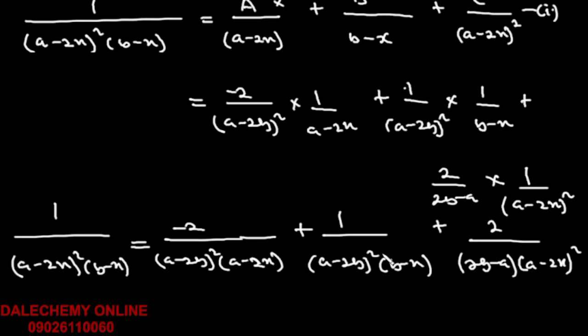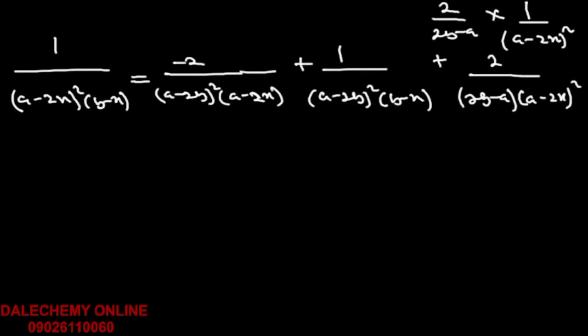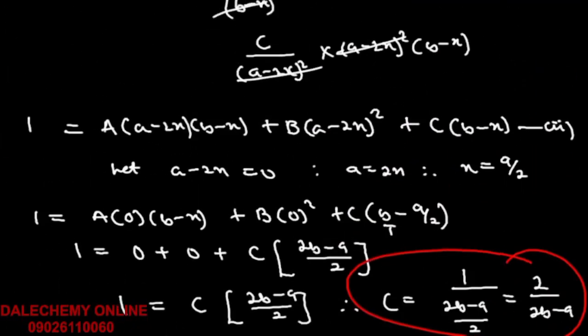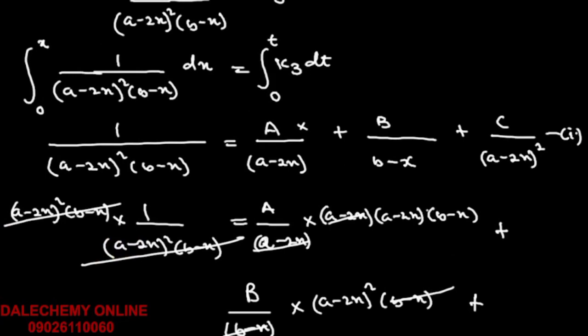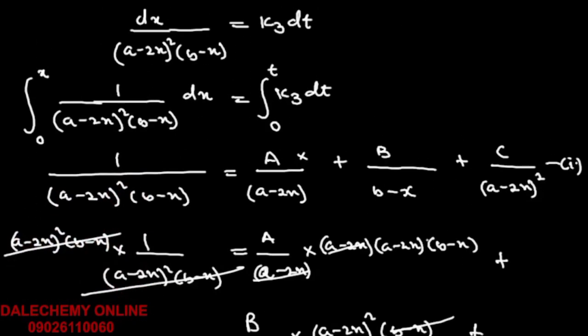Now do not forget, we tried to solve this into partial fractions. So this fraction here that we could not integrate has now been resolved into 3 partial fractions. So now we're going to bring back our integral from equation 1. Don't forget this equation, this is what we actually need. We want to integrate.